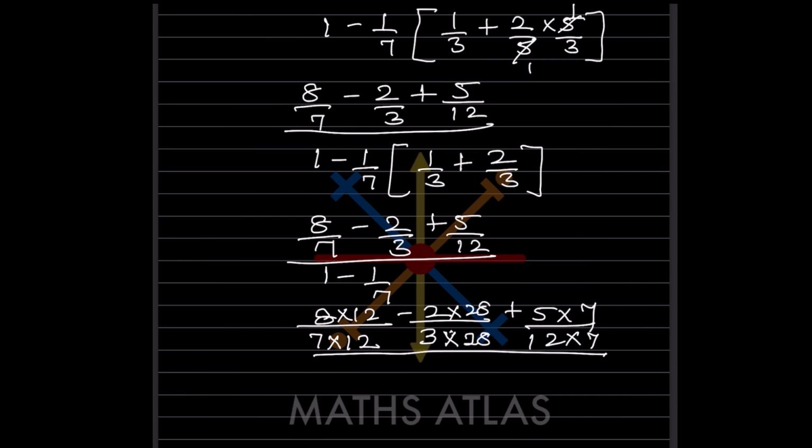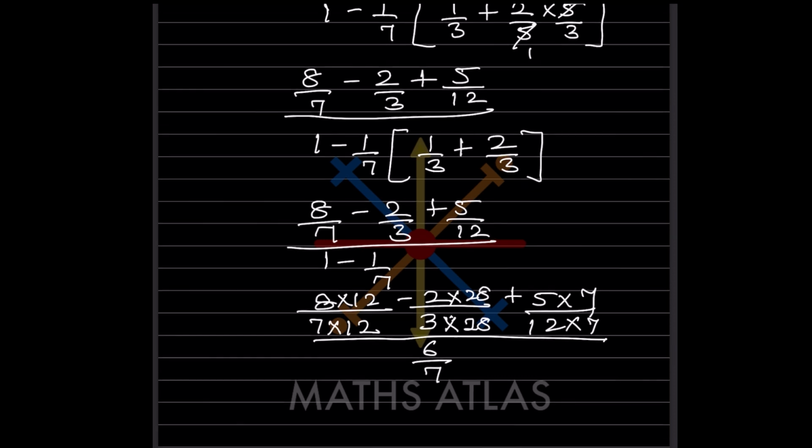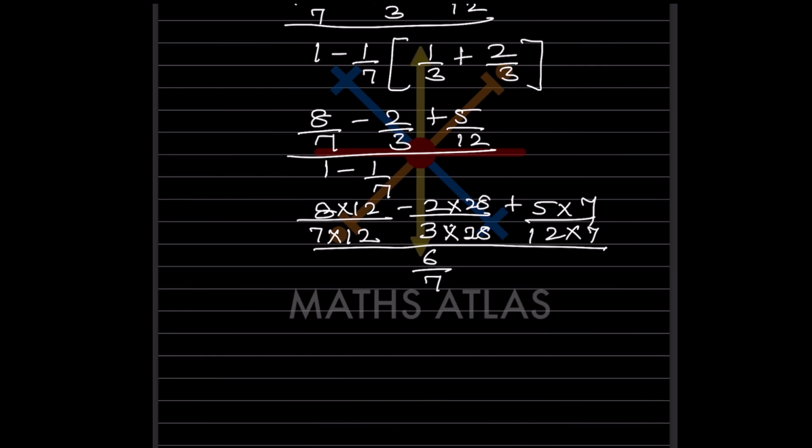And here in the denominator, when we write 1 minus 1 by 7, we can do it separately, or we can do it there itself. So 7 minus 1, that is going to be 6 by 7. So this is going to be 6 by 7, we can write over here. Now here, 12 eights are 96, minus 28 twos are 56, plus 35 over 84, and this is 6 by 7.